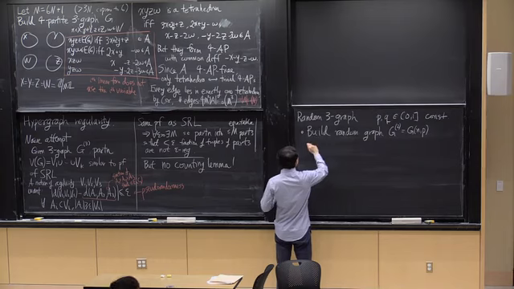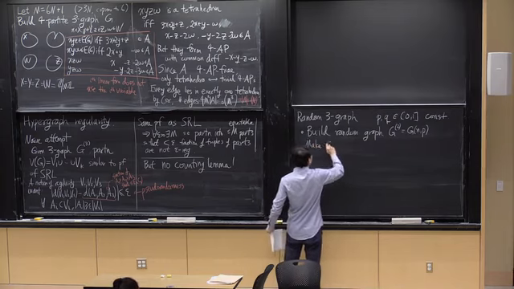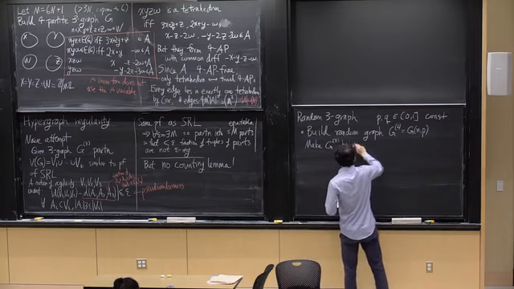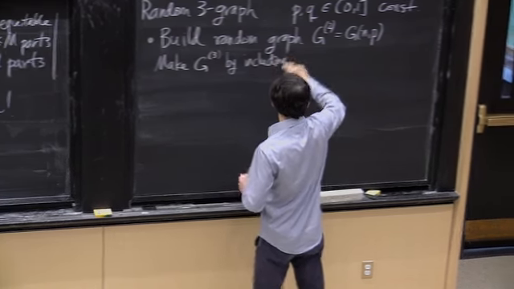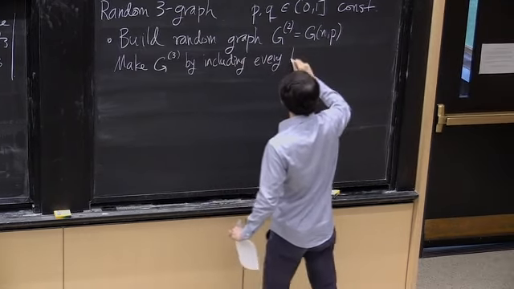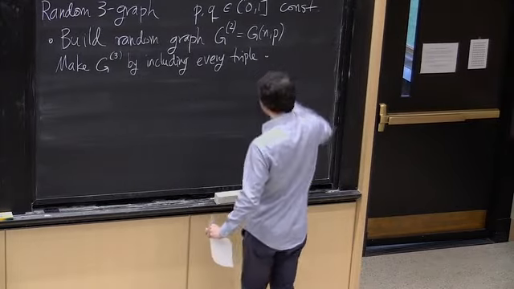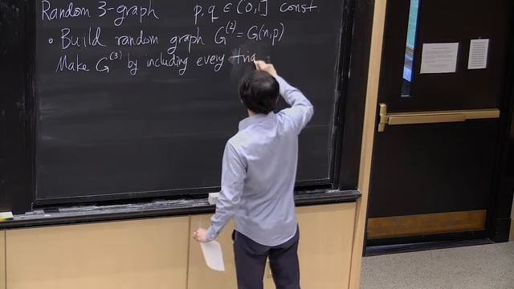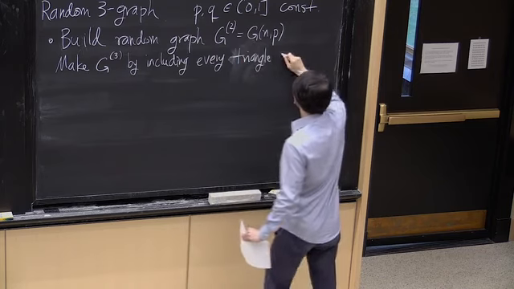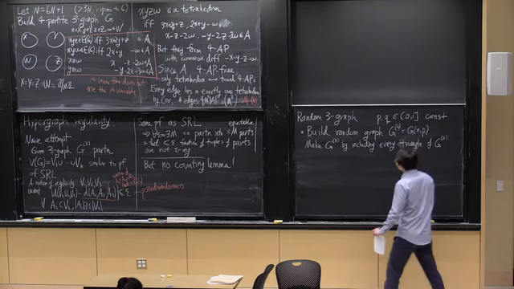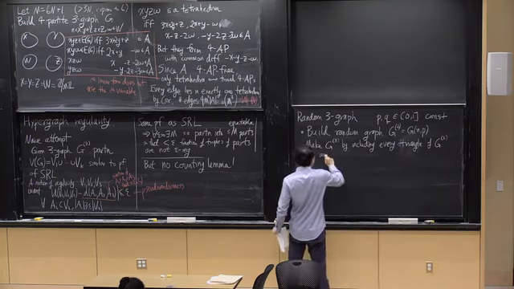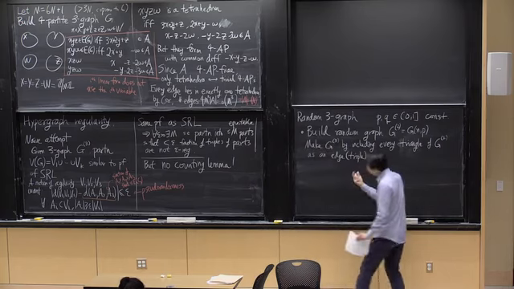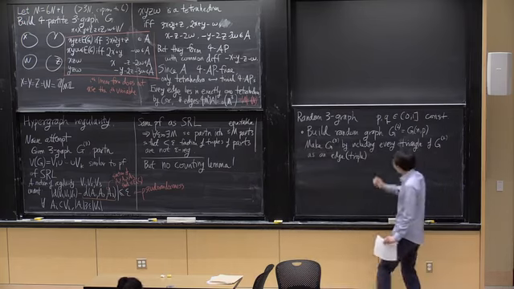And now I make the actual 3-graph that I want, G3, by including every triangle of G2 as an edge, with probability Q. So here an edge means a triple: 3 vertices in the hypergraph.